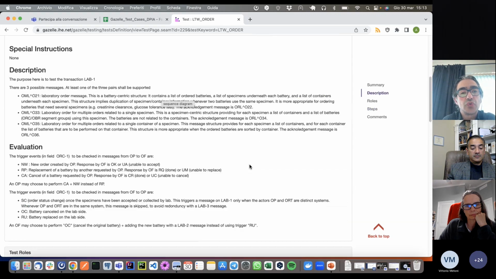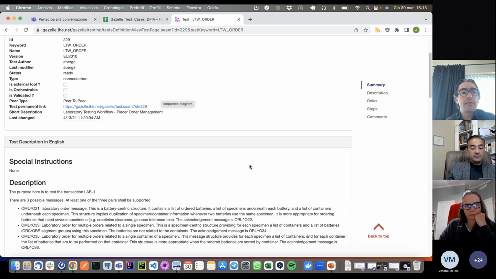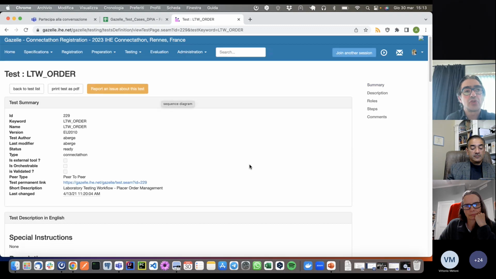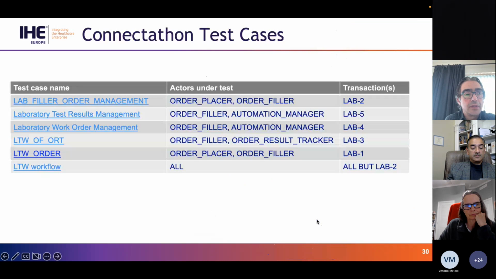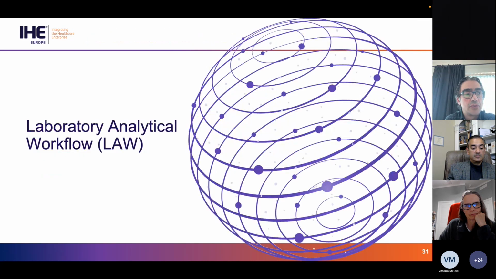This is in order to ensure that there is interoperability between the two. This is true for every one of the tests that you have to perform. Okay, so that's all, and we can move on to the laboratory analytical workflow. Thank you. Next slide.